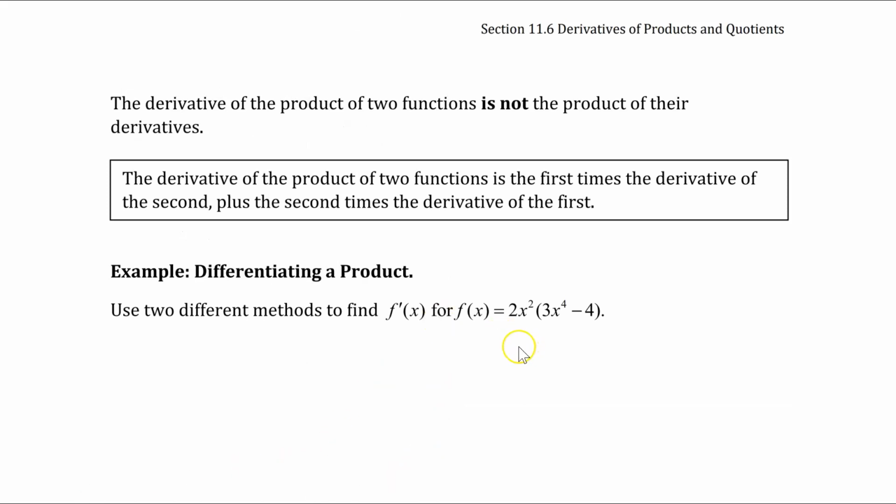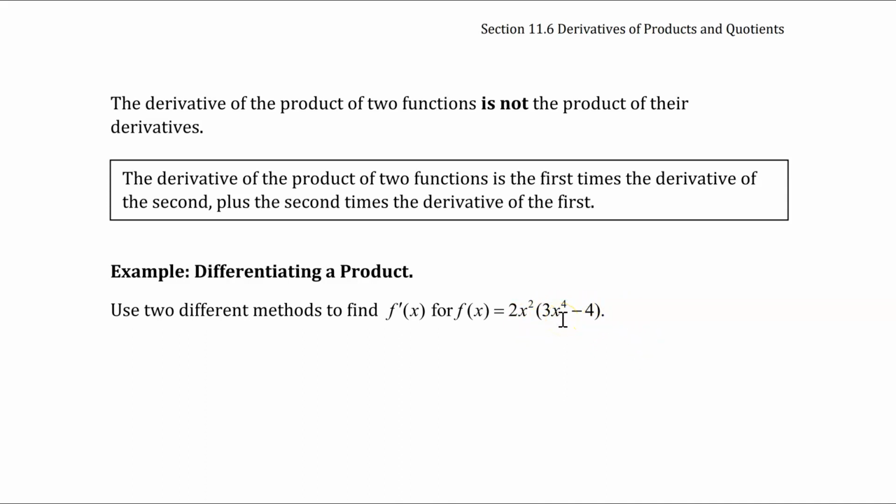Now, to illustrate the formula, we consider differentiating the following function. Note that the derivative of the product of two functions is not the product of their derivatives. That means I can't just differentiate the first factor times the derivative of the second factor.